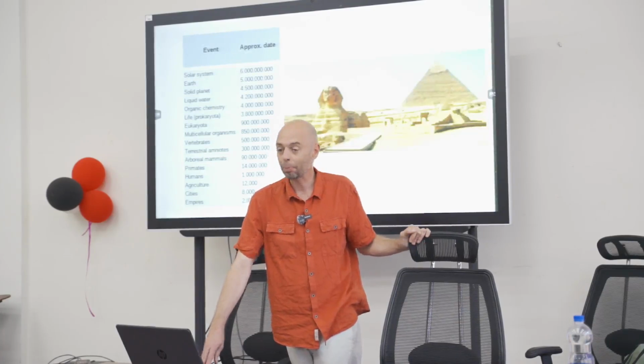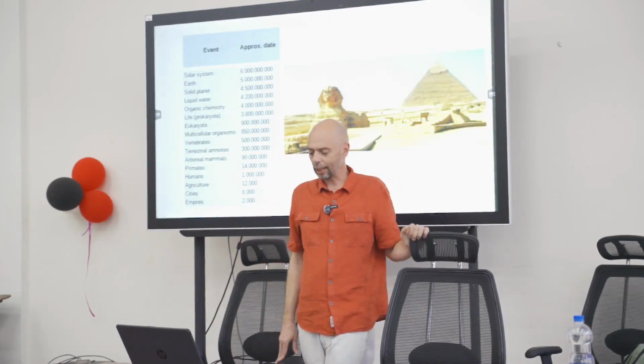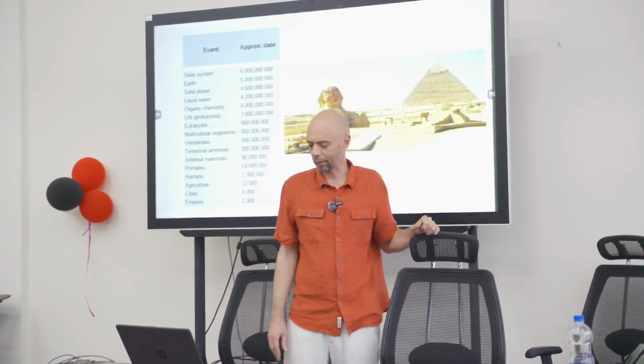Then, around 10 or 12,000 years ago, agriculture was invented. The first cities arrived 8,000 years ago, and the first empires, that means a network of cities, started around 2,000 years ago. Also here, it depends what exactly you mean by empire.